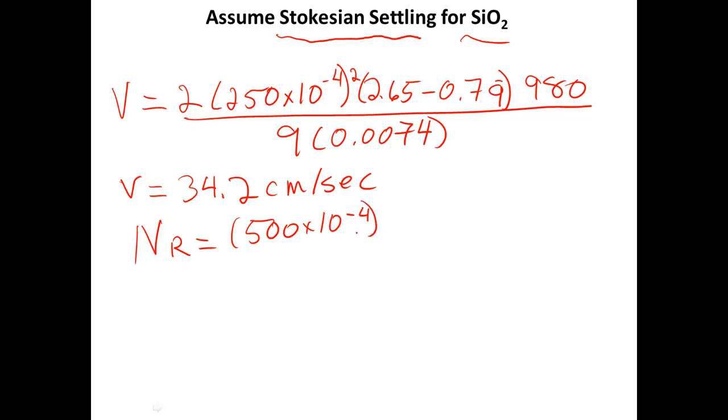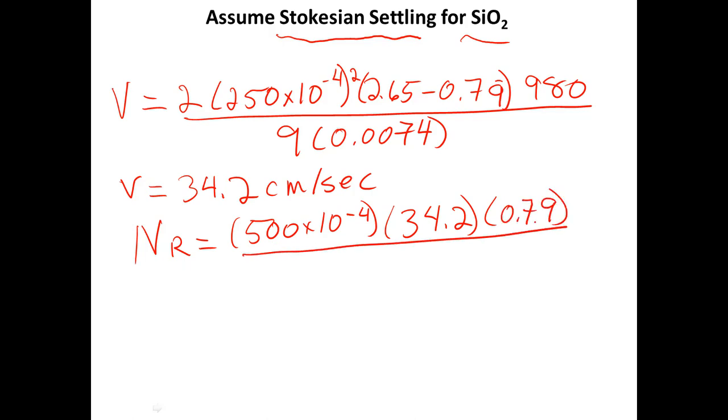Multiplying the diameter of the quartz particle by the calculated settling velocity times the density of methanol divided by the viscosity of methanol, I get a Reynolds number of 182.6.